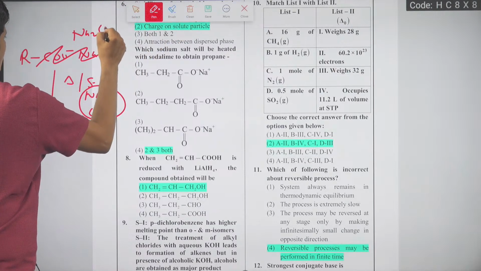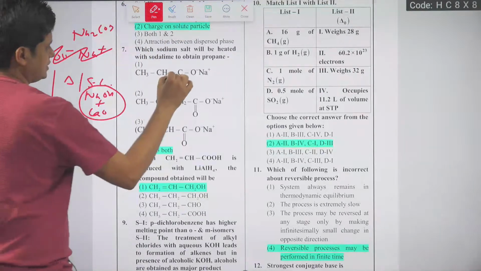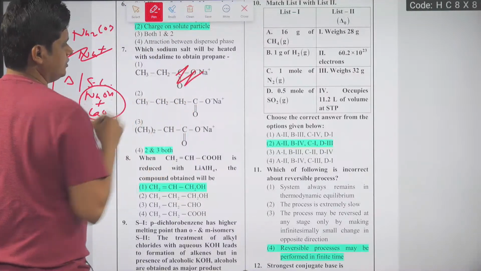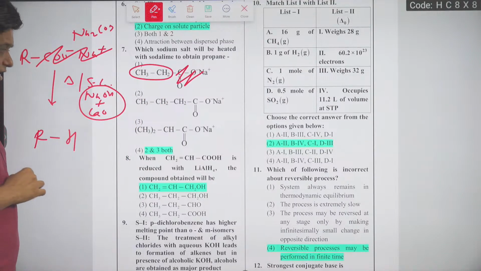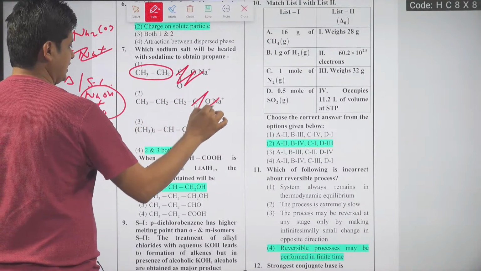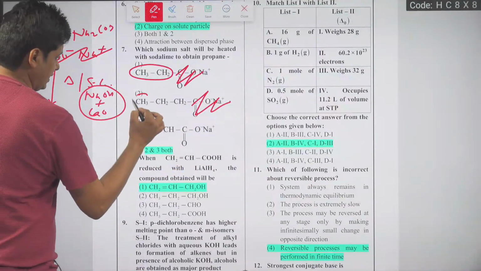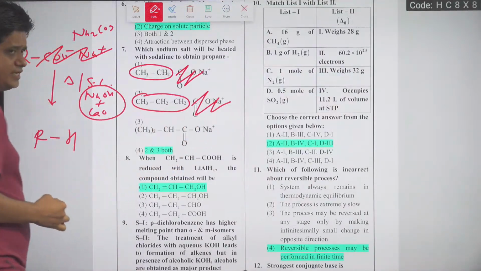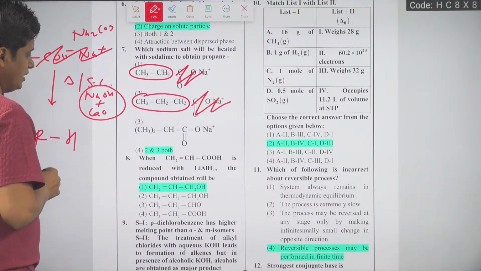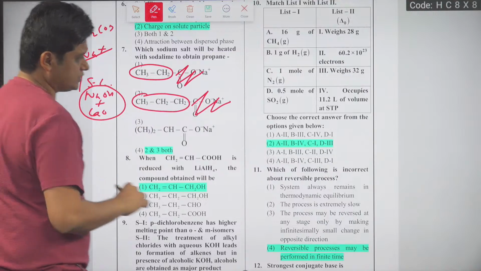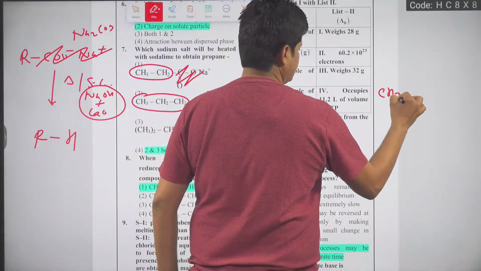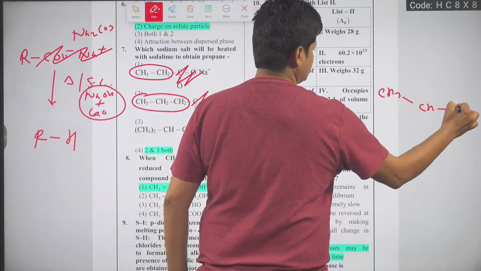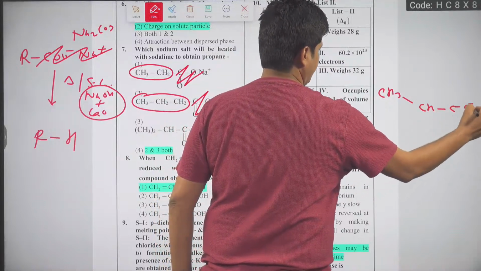So now observe the options given here. This part will come out as Na2CO3. So this part will left. So ethane will form here. In this case, this part will come out as Na2CO3. This part will left. So this part means 3 carbon straight chain. Propane will form here. In this case, observe this third option. It is given here CH3 twice CH. Means CH3 CH CO minus Na plus.